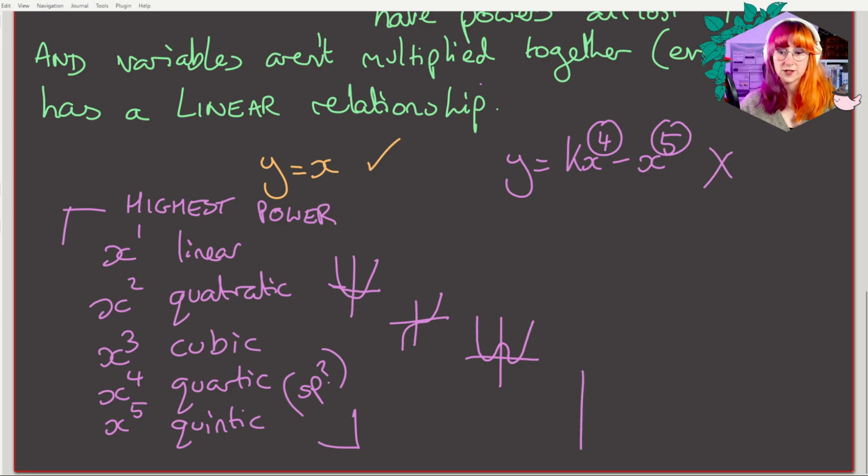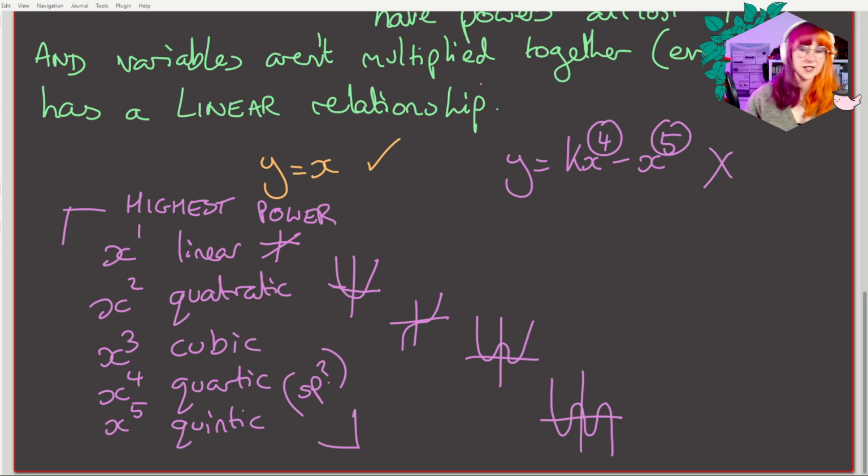Quintics again have even more funkiness going on. And that means that our linear equations are straight lines. As we get more and more powers, you get more and more funky bends and interesting stuff happening. These are not the trivial quartic and quintic equations I appreciate, but they are themselves quartic and quintic.